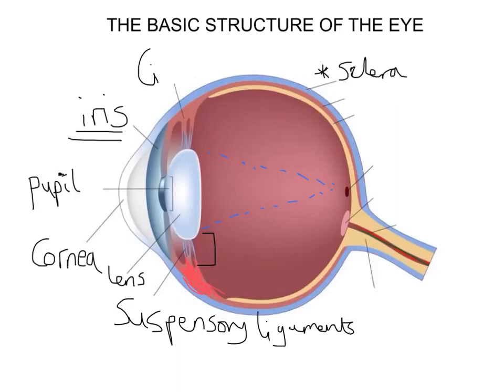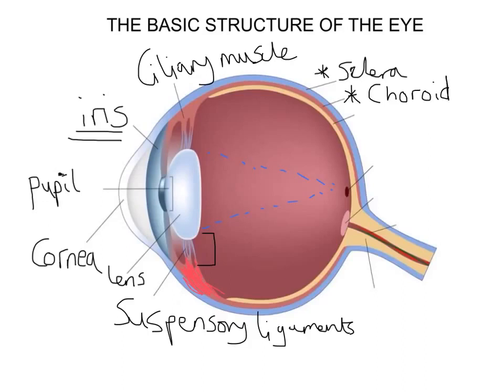That is known as ciliary muscle. So you have a ciliary muscle which attaches to the lens via these suspensory ligaments. And if we follow that ciliary muscle round, we actually come to this label here. Now this is just given a special name of choroid.